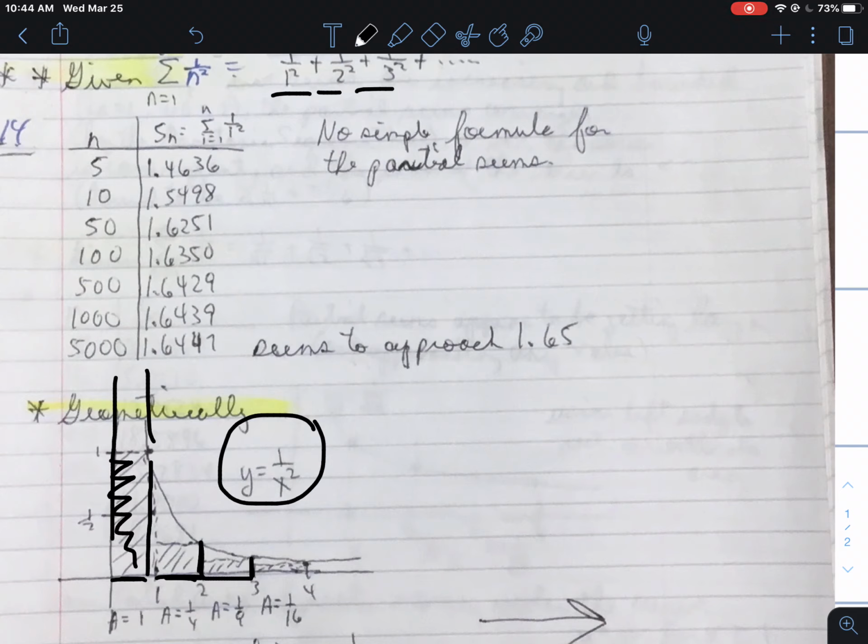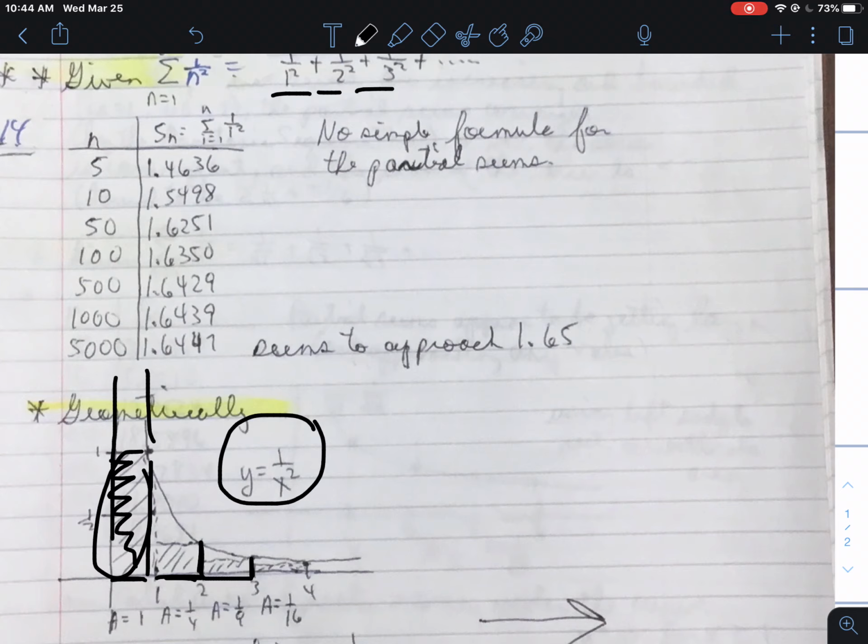Right? Because remember, the integral represents the area under the curve. So I'm going to take the integral from 1 to infinity, look at the area under that curve, and then we're just going to add this extra rectangle to that. Right? So add 1 to it. Now, that's the first thing to remind you of, right? So we can't integrate from 0, so I'm just going to start this at 1.